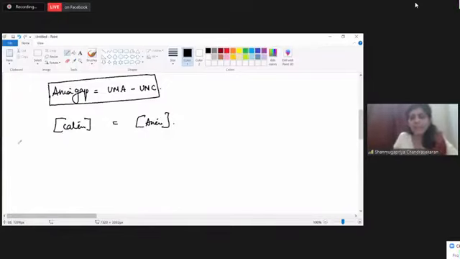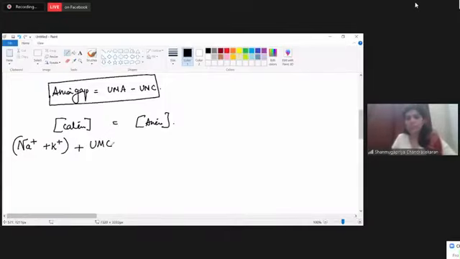So what are the cations present in the circulation? The major cation is sodium, and apart from that, we also have potassium. Sodium plus potassium by themselves constitute 95% of cations. Apart from these, I'm going to name all the other cations as unmeasured cations.